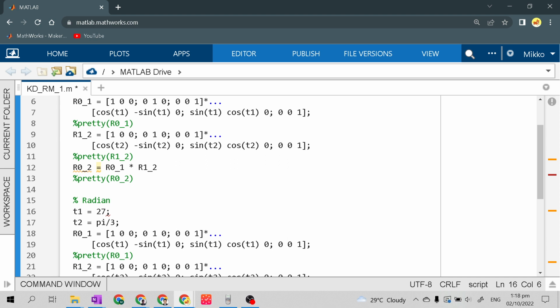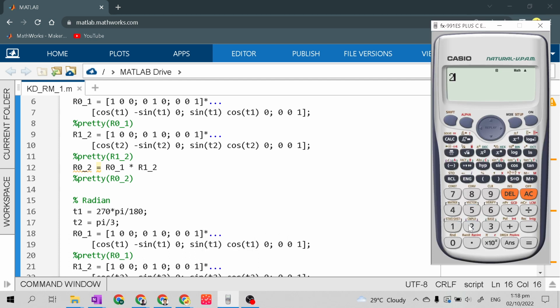If you don't know the radian in terms of pi of 270 degrees, just multiply it with pi, then divide it by 180, or just use a calculator. 270 divided by 180 is equal to 3 over 2.